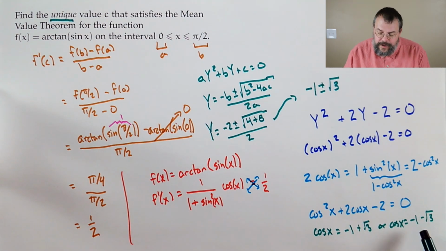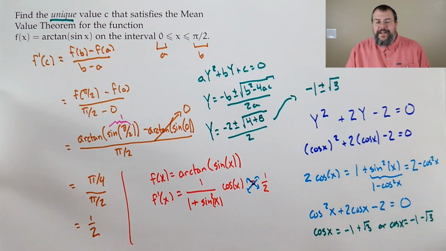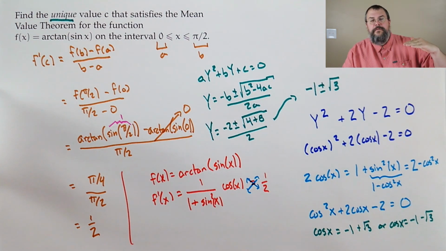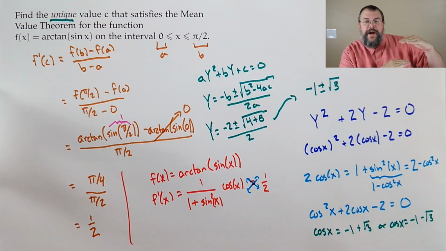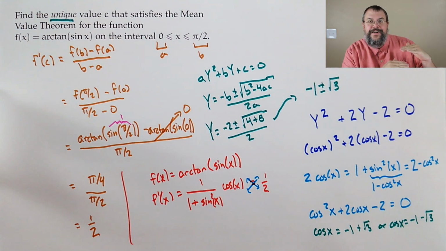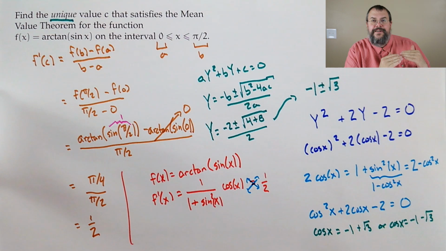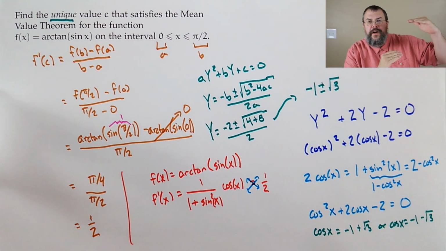Let's look at this one. It seems very negative. Almost too negative. Look at the value. It's negative 1, so it's down low, but then we keep going even further, minus root 3. So it's like really low. But what do you know about cosine? Cosine is going to oscillate up and down between where?